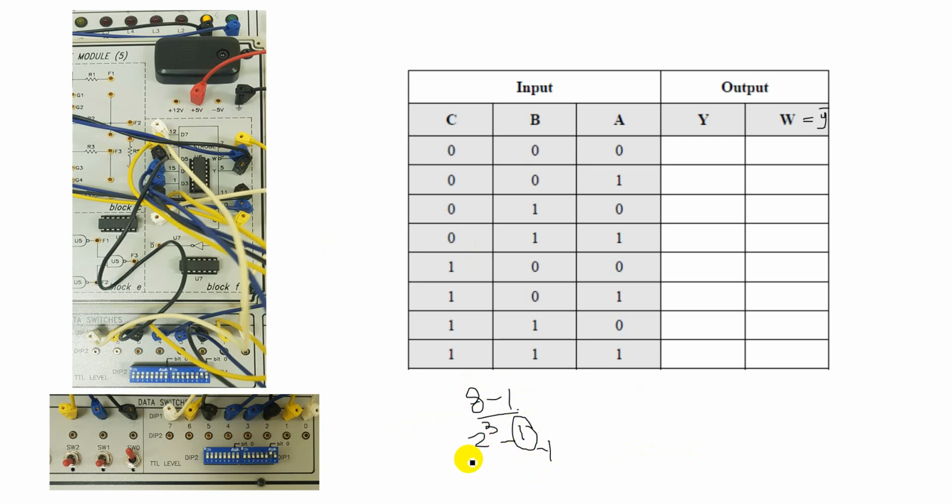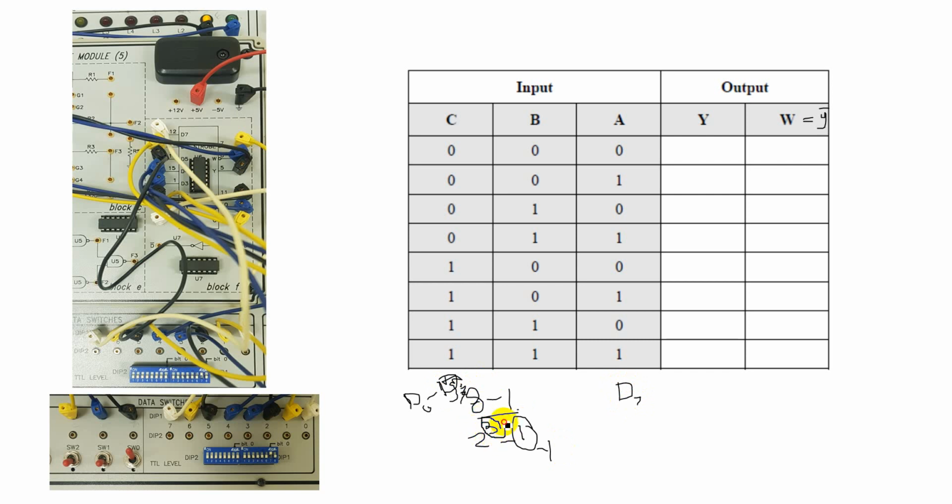This 2 power 3 is the number of inputs, which is from D0 to D7, so D0 to D7 are the inputs here.